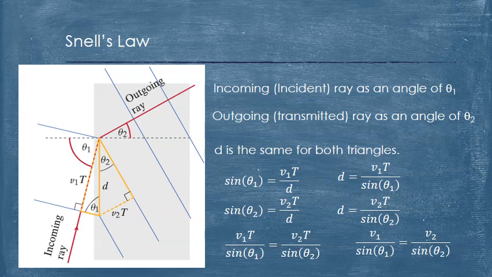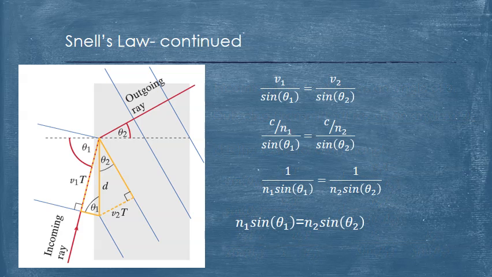Now what I'm going to do is plug in the definition for the index of refraction here, and we're going to solve that definition for v1 and v2. So you would get v1 is c over n1 and v2 is c over n2. If we simplify this expression, we get this.